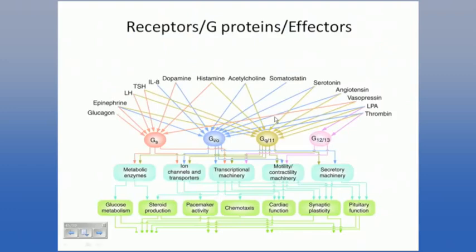So this is incredibly complex, and what this slide is attempting to show you is that you have an array of different agonists, naturally occurring ligands, or drugs. All of these molecules can actually be delivered as drugs.